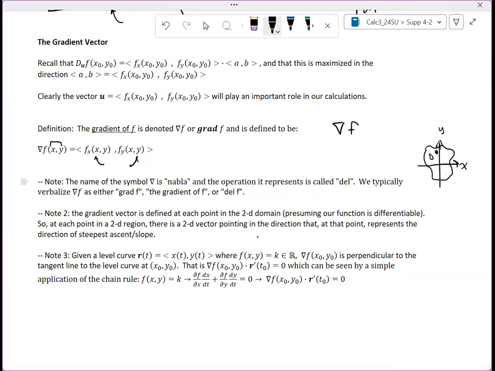I have a direction of steepest increase on that surface that's above this xy plane. So maybe here it's this way, and maybe here it's that way, and over here it's a different way. At each point in the xy plane, there's a vector in the xy plane associated with that point. That's the gradient of f at that point.